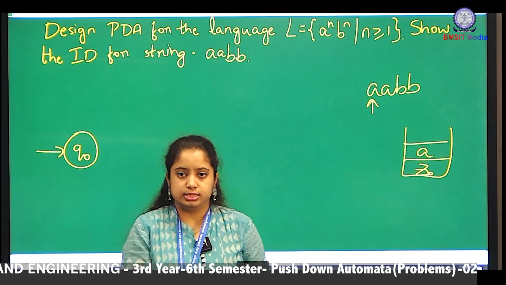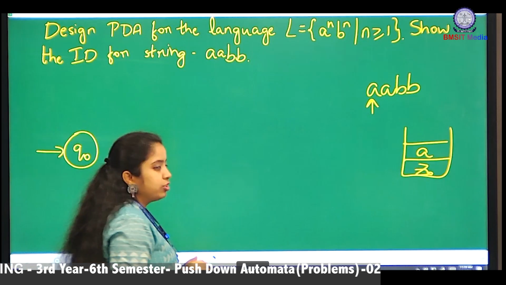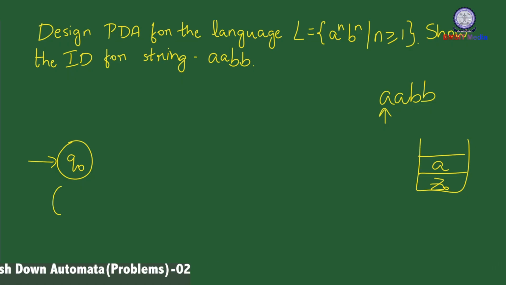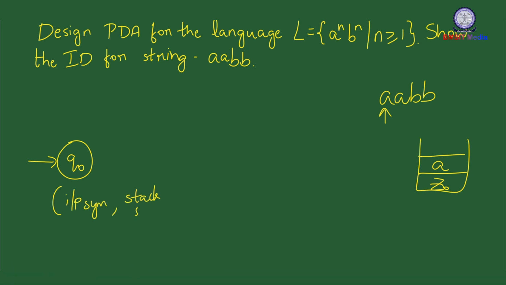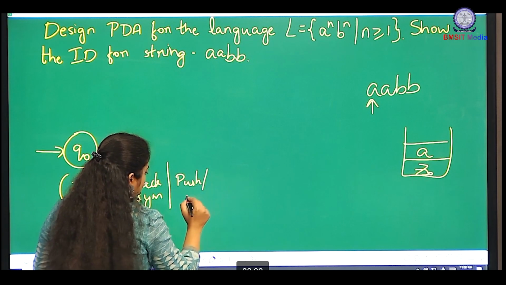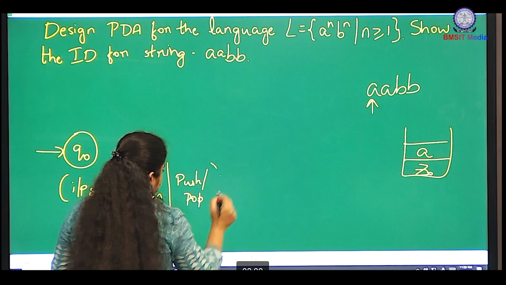So you need to write the transition here. How will you write the transition? I will let you know. Here you will write the input symbol, then the stack symbol, and then you will either push or pop.